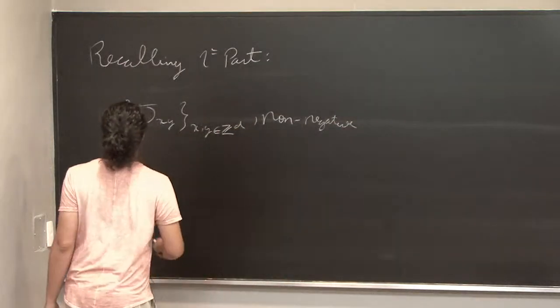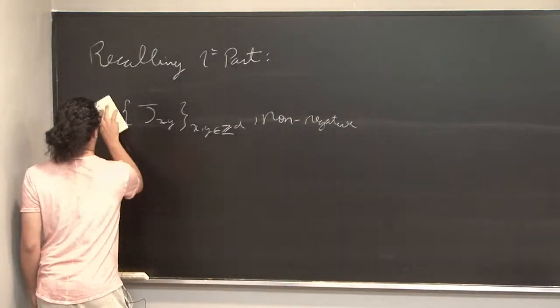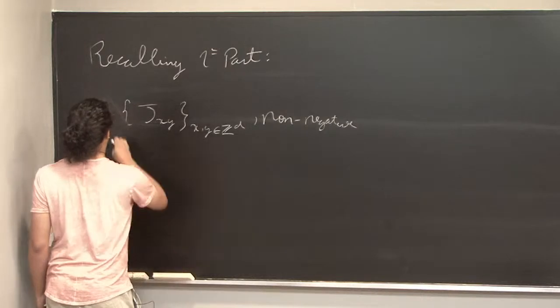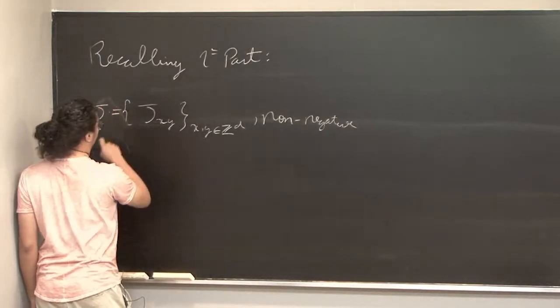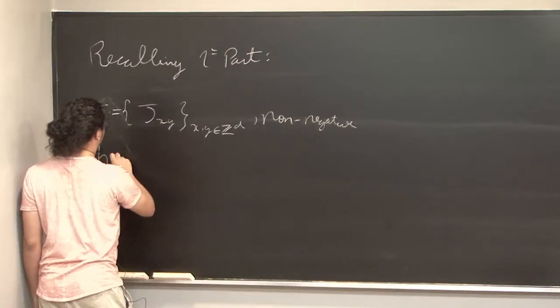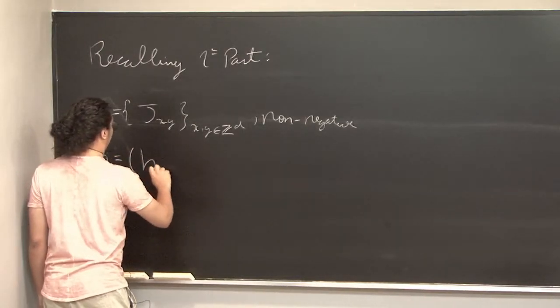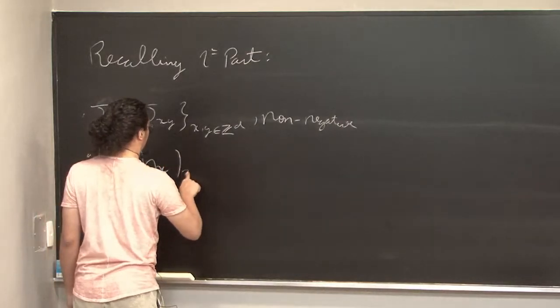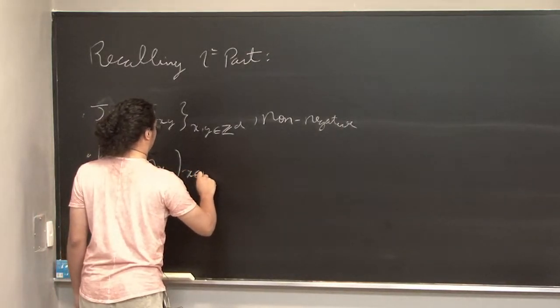For short, we are just going to call this family J. So J will be the family. And we had external fields also, again a family of this sort, on Z^d.